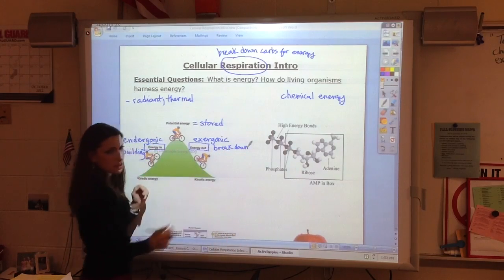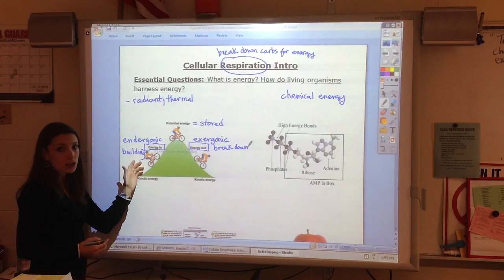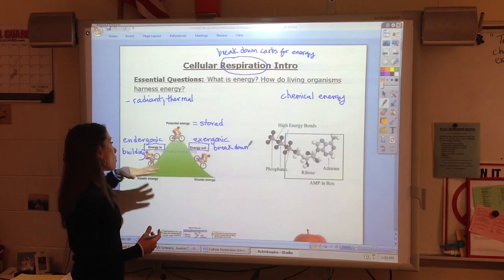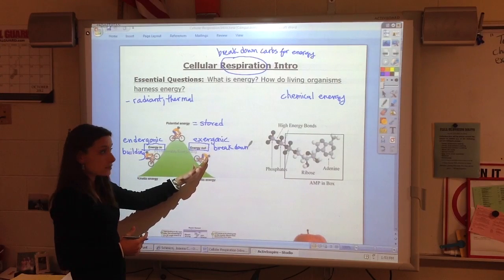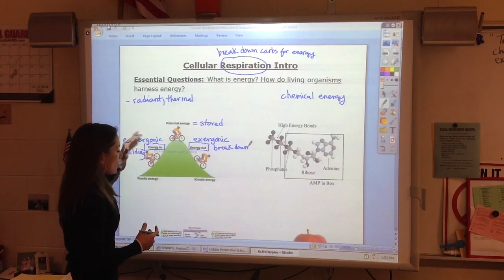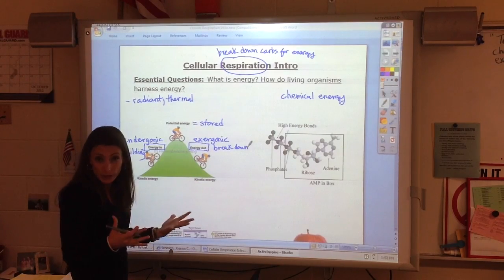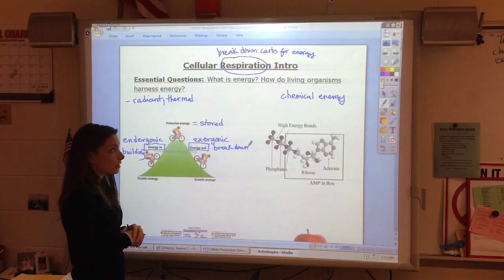So we talked about enzymes, we talked about this a little bit, the idea of synthesis reactions and digestion reactions, or anabolism and catabolism. So just knowing, okay, what is kinetic energy? It's actual movement, versus potential energy, which usually has to do with stored energy.